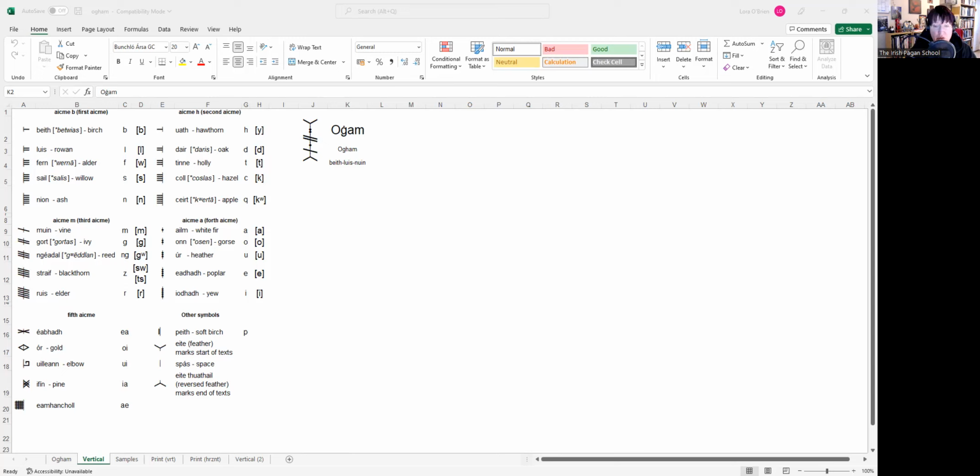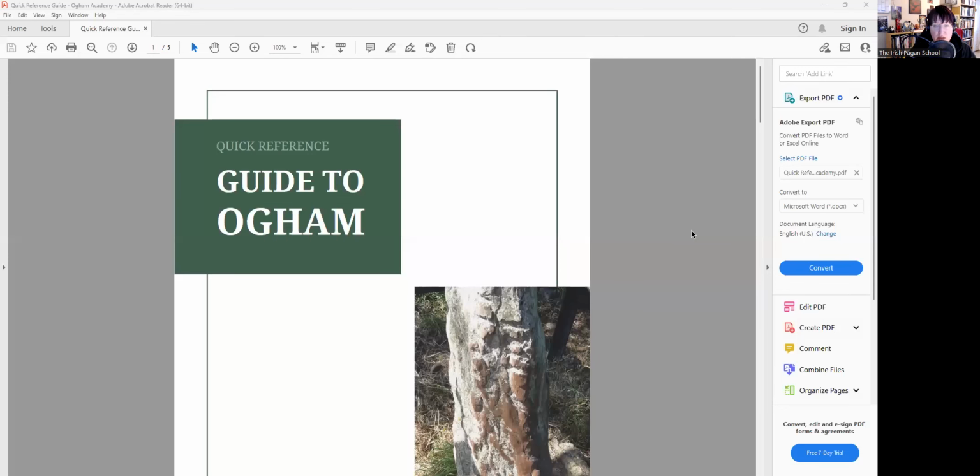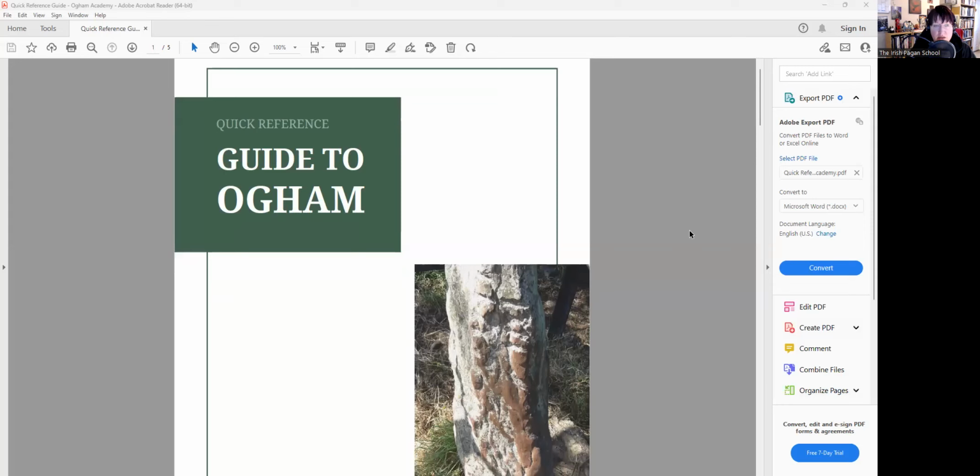So I'm just going to switch here for a second to our Ogham guide and share that screen so that you get a different visual just on those first 20 letters. So it's four groups of 5 letters each.